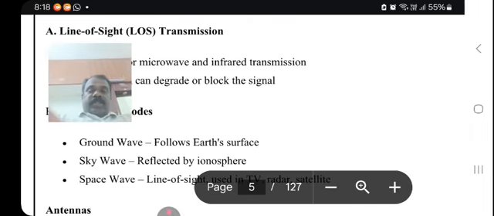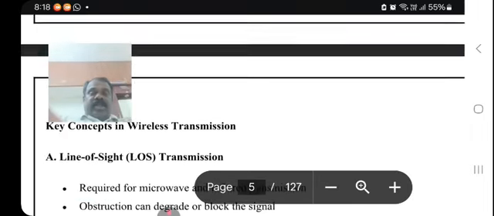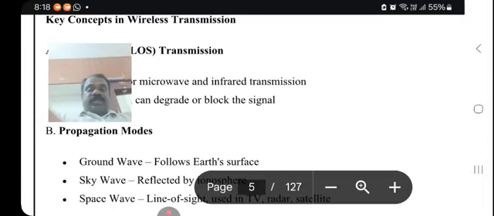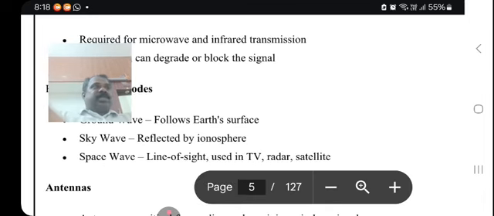Then the second key concept of wireless transmission is the propagation modes. There are 3 types of waves: ground wave, sky wave, and space wave. A ground wave follows the earth's surface, the normal ground surface.